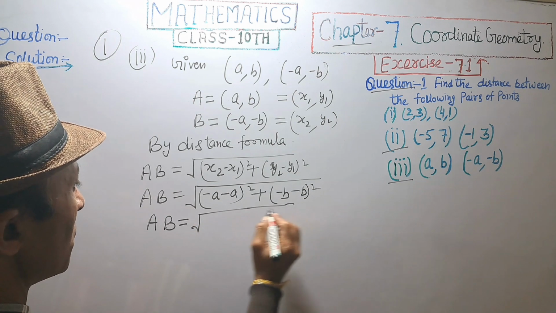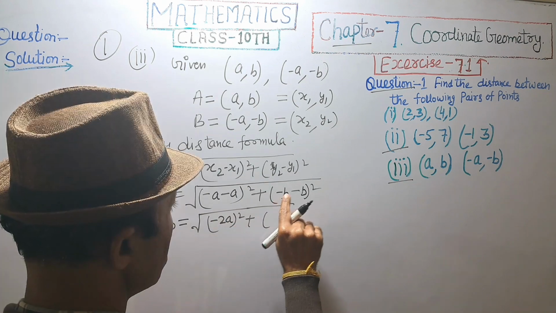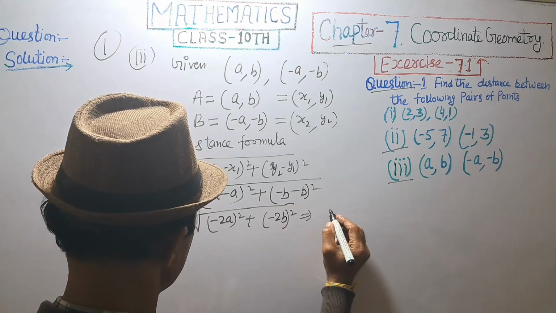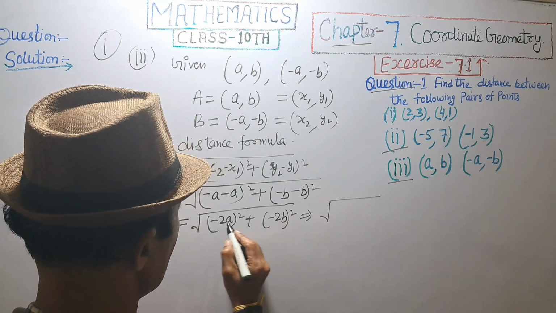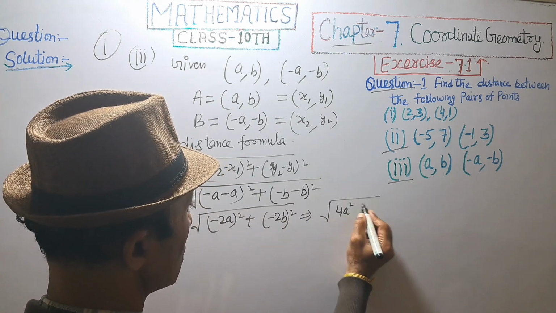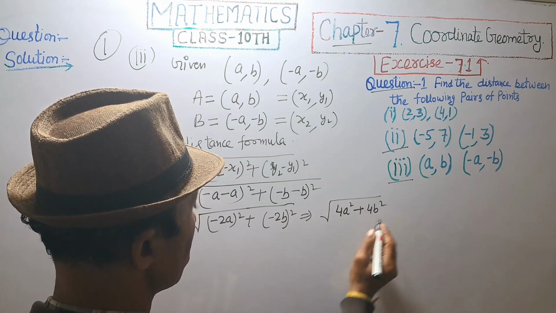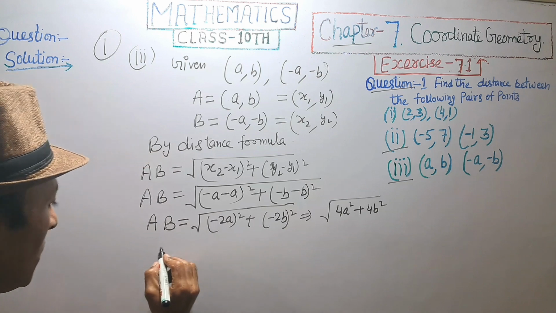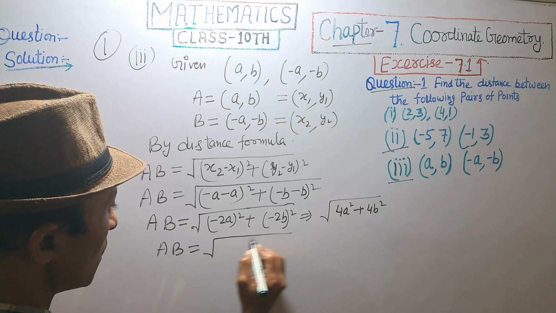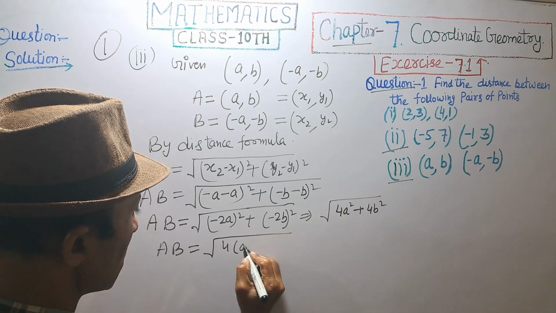AB is equal to the square root of (minus a minus a), that is minus 2a square, plus (minus b minus b), that is minus 2b raised to power 2. This implies 2a square is 4a square plus minus 2b square is 4b square. AB is equal to the square root of 4 common, a square plus b square.